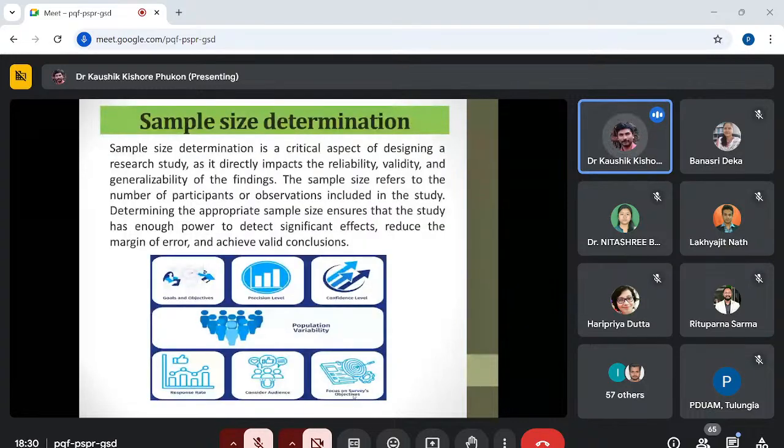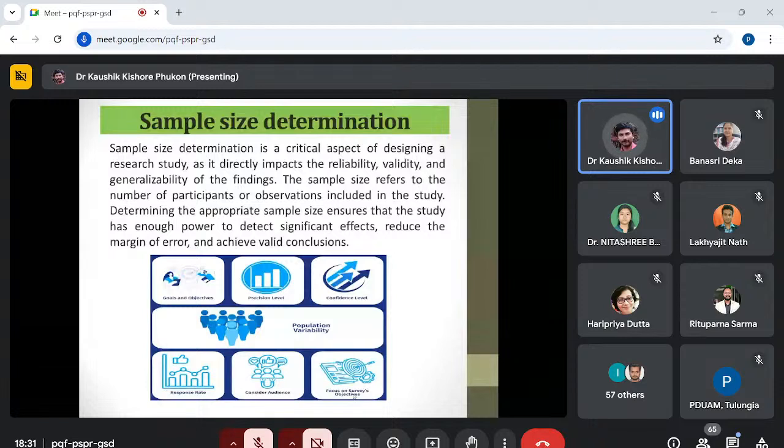Then moving to the next part, the sample size determination. As I have said, there are so many things to consider here, how to determine a sample size. I will give you a simple assignment here also. So you have to do the assignment. Let us proceed.